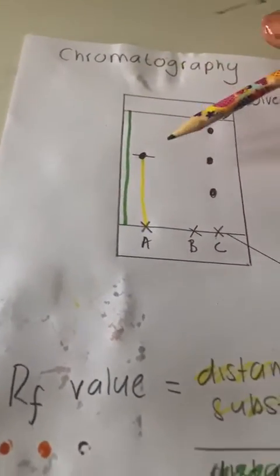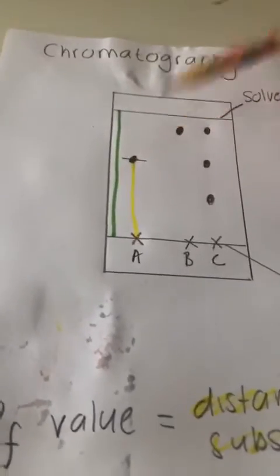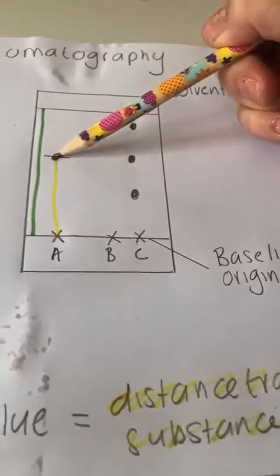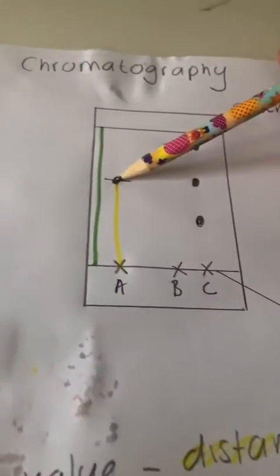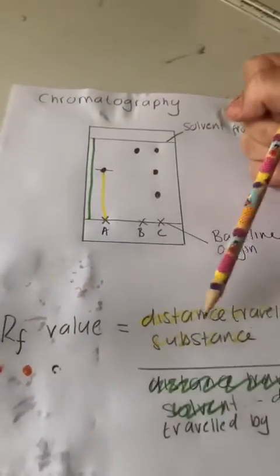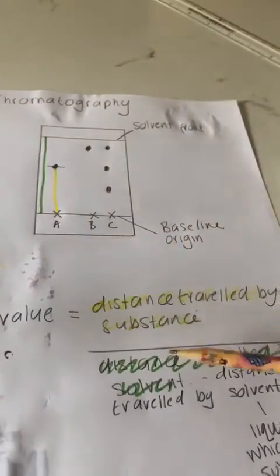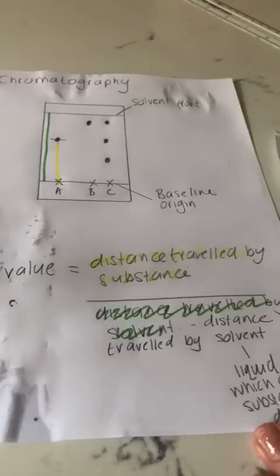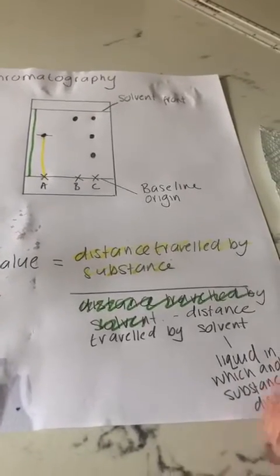And I strongly suggest in your exam, if you're asked to calculate the RF value, you do this too. You identify where the centre of that dot is. You then have to divide that value by the distance travelled by the solvent, which is why I drew the line up to where the water went up to on this one.